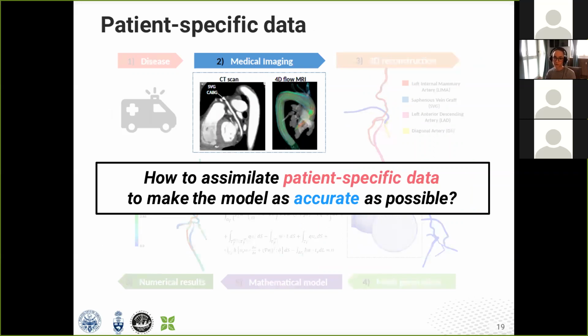This is useful information, so we want to find a way to insert this data into our model to make it as accurate as possible, to mimic as much as possible the real situation inside our patient. So that's the second question we ask ourselves: how can we assimilate those data and make the model as accurate as possible?